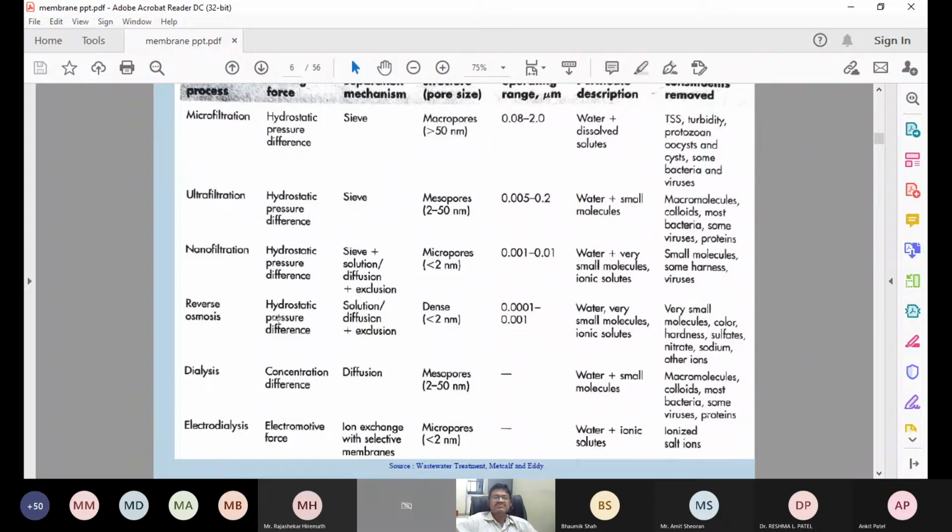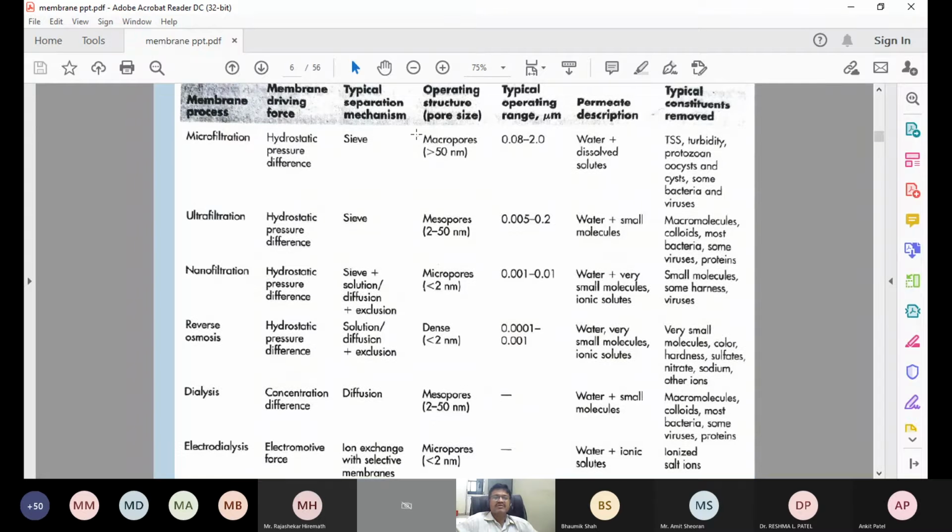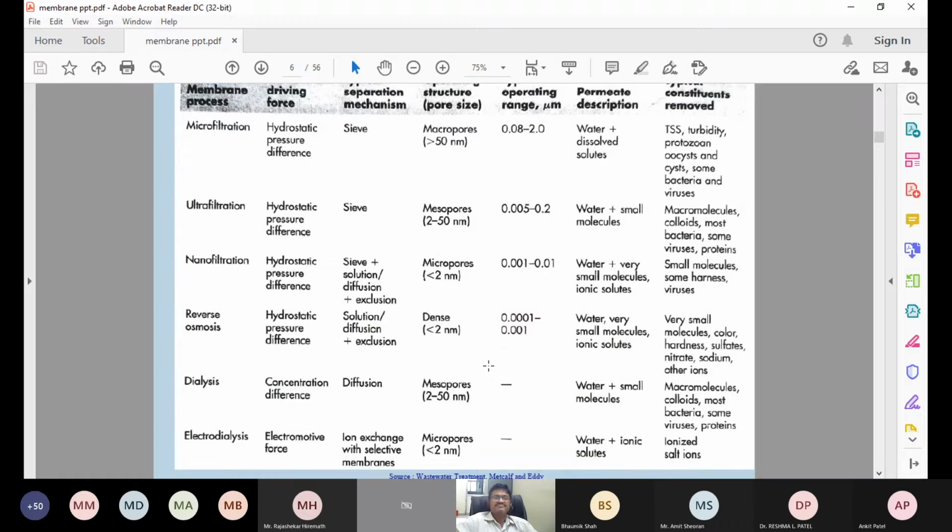In reverse osmosis, it is the same thing, but the size range is still smaller, and this type of pore size is called dense pores. Greater than 50 nm is called macropores, 2 to 50 nm is mesopores, less than 2 nm is micropores, and lesser than 1 nm is called a dense type of membrane.